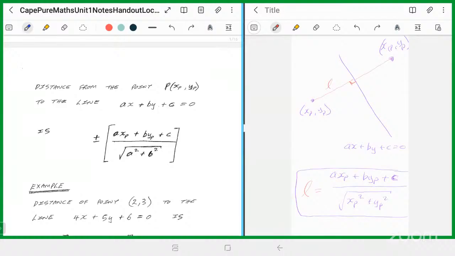Give me a second, let me find it for you. Pure maths. Hold on a second, let me find it and send it in the group. I think it is this one. Let me first see it.